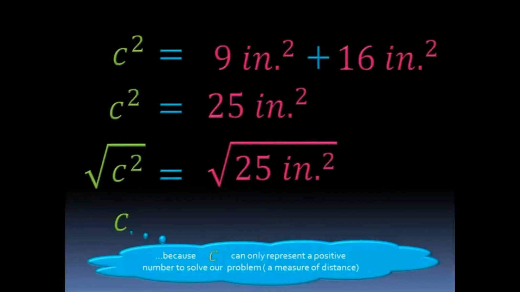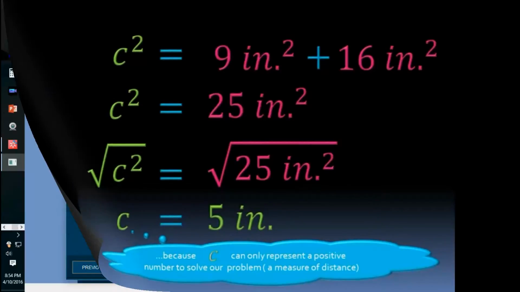We do not have to say that the square root of c squared is equal to the absolute value of c. The square root of 25 is 5. The square root of inches squared is inches. So our answer is c equals 5 inches.